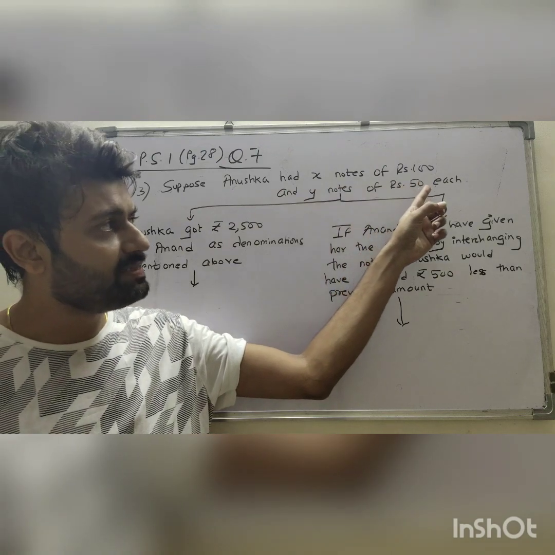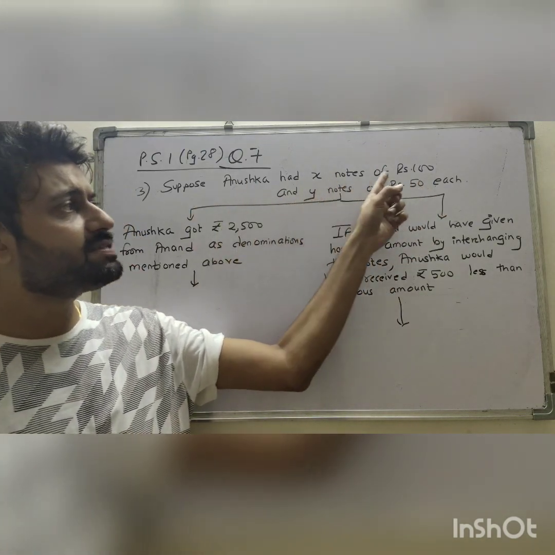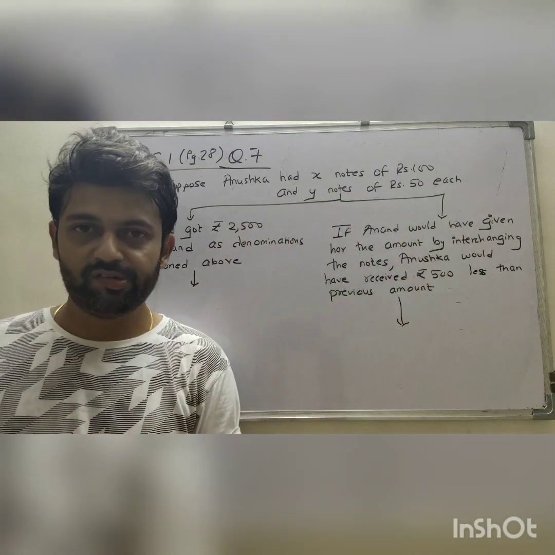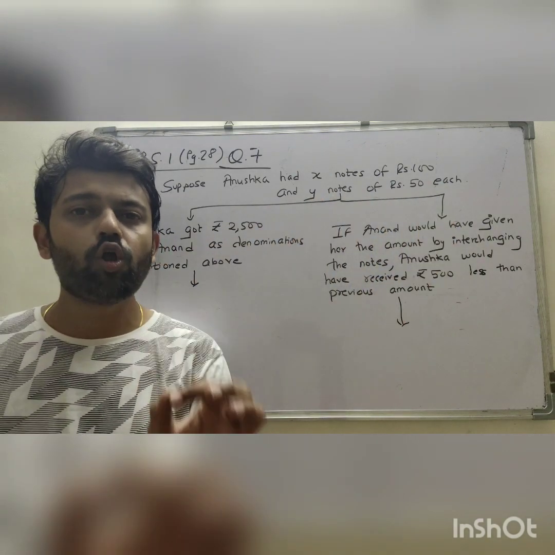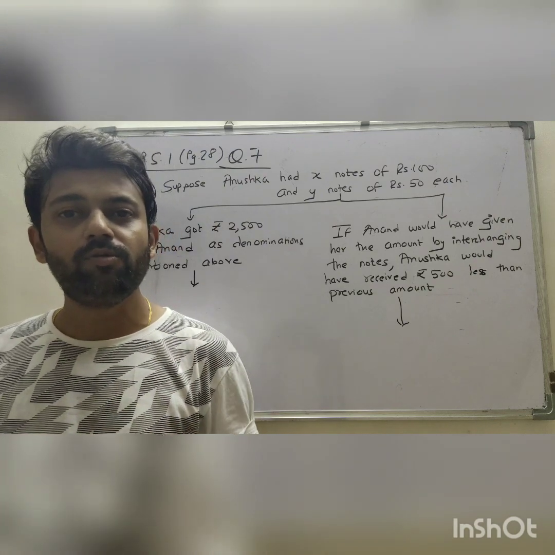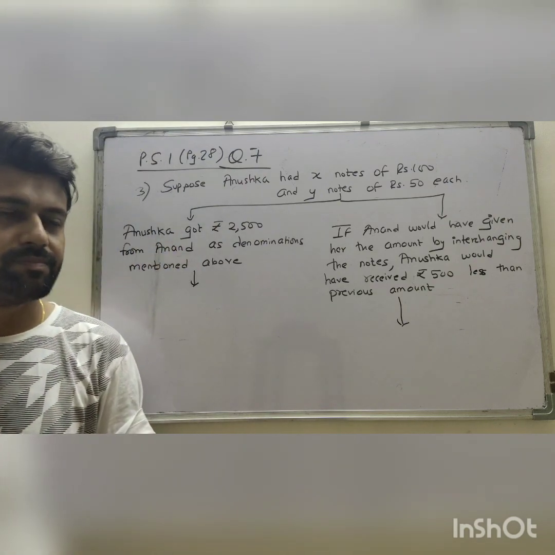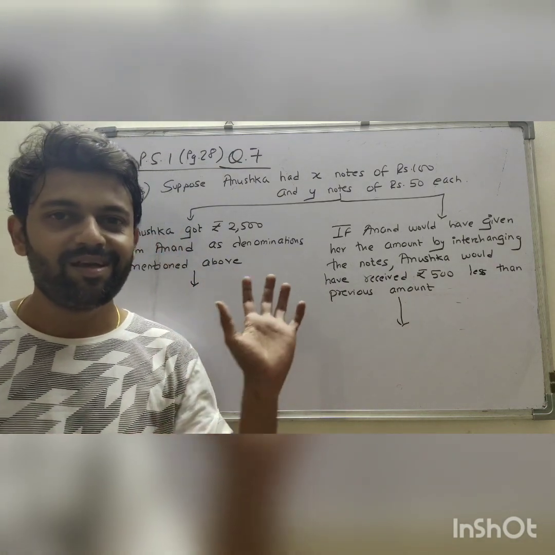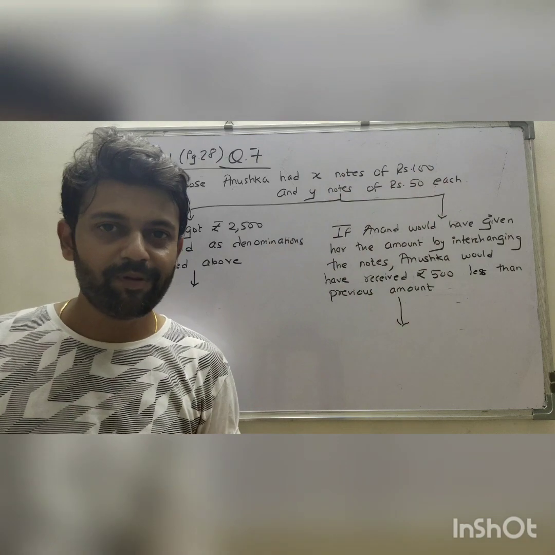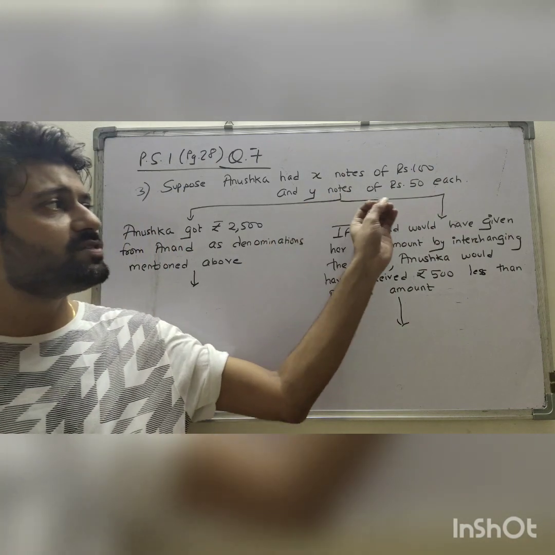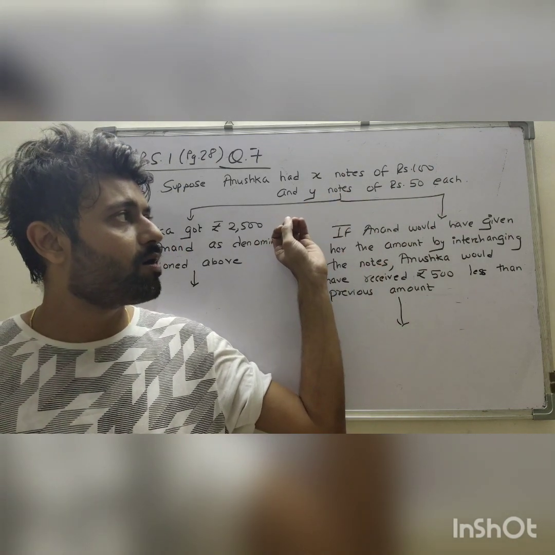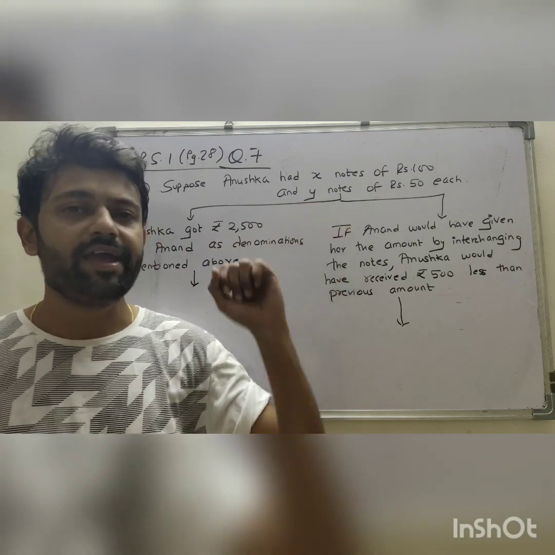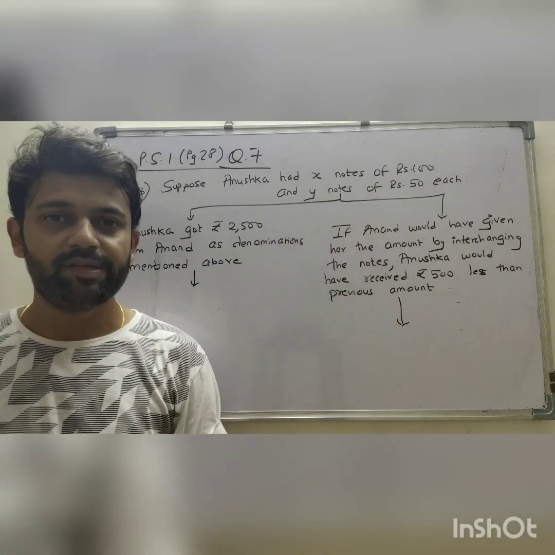They have written that Anushka had x notes of rupees 100 and y notes of rupees 50 each. अनुष्का के पास 100 रुपए की 2 नोट 3 नोट नहीं x नोट्स थी. मतलब she has 100 into x rupees from 100 rupee notes and she has 50 rupee notes, not 1, not 2 but y notes of rupees 50.